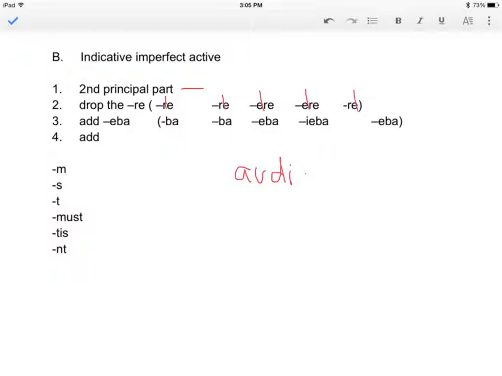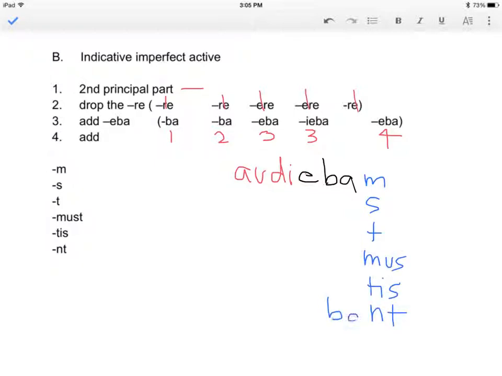Then you add EBA for the fourth conjugation, and again the pattern is first conjugation is BA, second conjugation is BA, then EBA, IEBA, and then back to EBA for the fourth conjugation, which we're doing now. So you'd add EBA, and then you'd add your endings, M, S, T, MUS, TIS, and NT. No irregularity there. BA does not need a U.